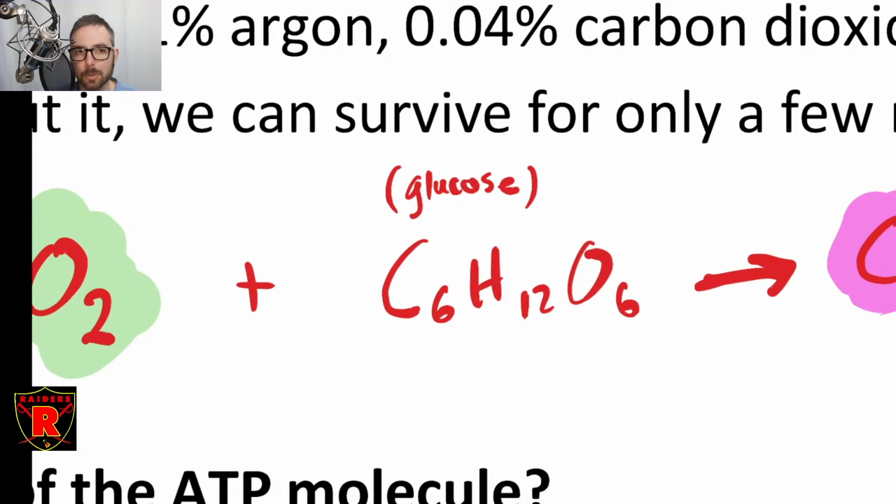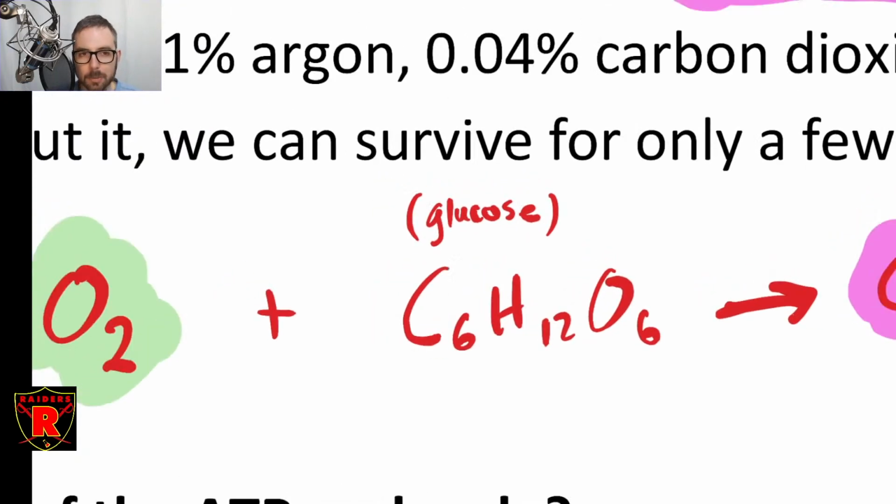Cells are fairly flexible in that they don't require just one particular molecule in order to do this respiration. So sugar is the primary molecule, but keep in mind that glucose is only one type of sugar. So there's glucose and fructose and others, and they can all be utilized in this pathway.